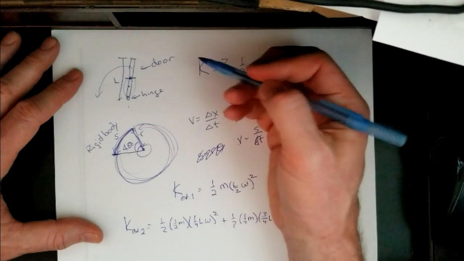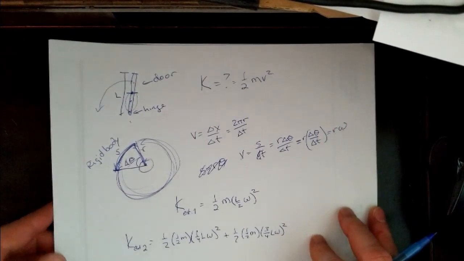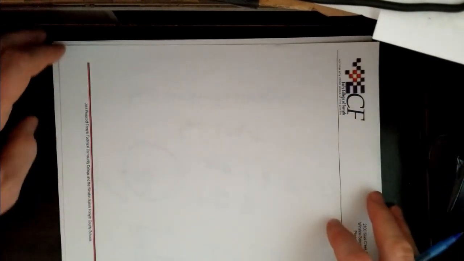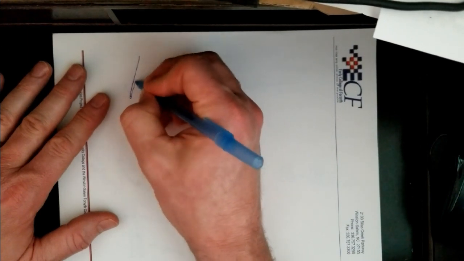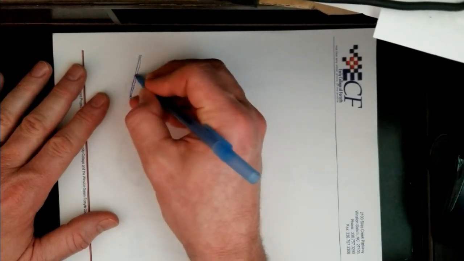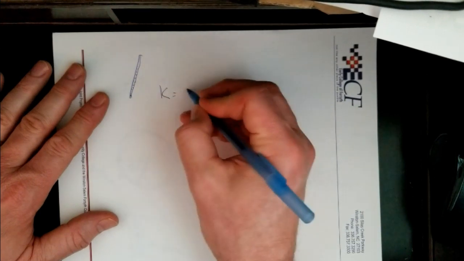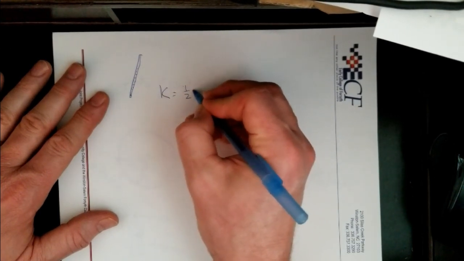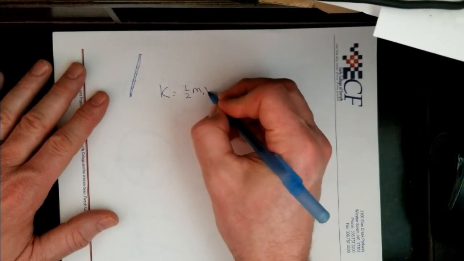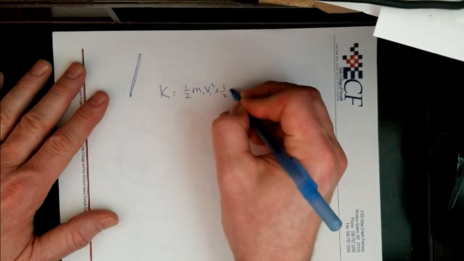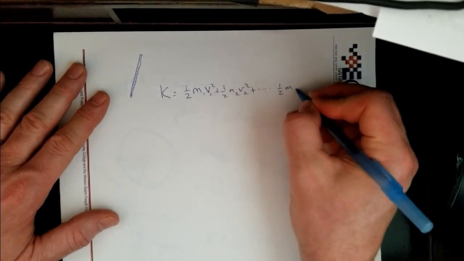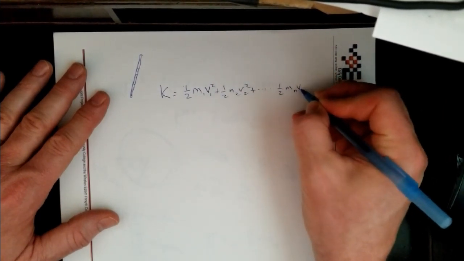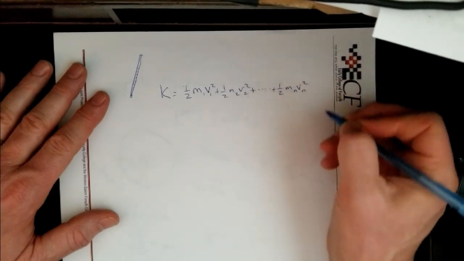Why not break it up into 4 pieces or 5 pieces or 6 pieces? Ultimately what we are going to do is break it up into an infinite number of pieces. So if I have the door here, and I break it up into n pieces, then the kinetic energy is 1/2 times the mass of the first piece times its speed squared, plus 1/2 mass of the second piece times its speed squared, and so on, up to 1/2 times the mass of the nth piece times its speed squared.